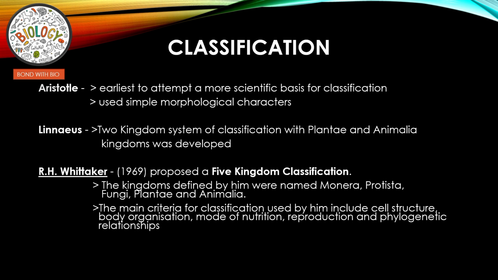So next, R.H. Whittaker proposed a 5-kingdom classification that included Kingdom Monera, Kingdom Protista, Kingdom Fungi, Kingdom Plantae, and Kingdom Animalia.